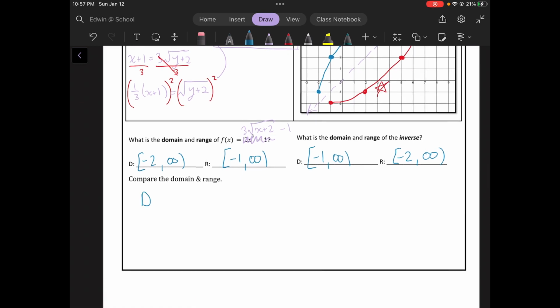So if we take a look at this, we notice that the domain and range flip between the function and the inverse.